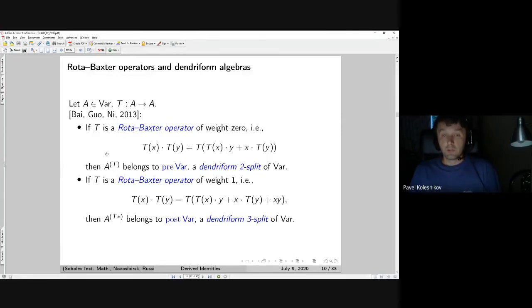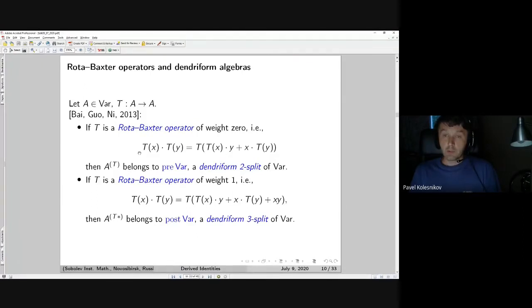Suppose we have an algebra in a variety Var, say associative, Lie, commutative, Poisson, and so on, and a linear operator T, which satisfies the following identity. This identity defines the so-called Rota-Baxter operators, a very popular topic, mainly in mathematical physics.